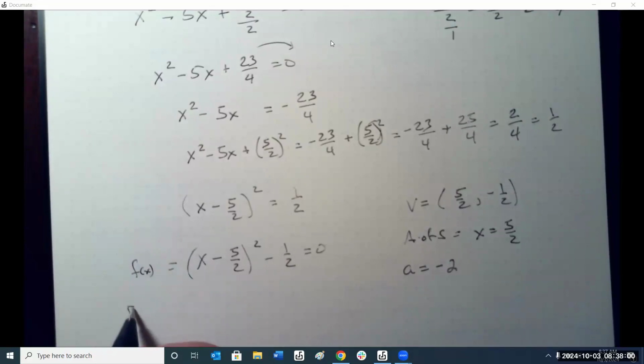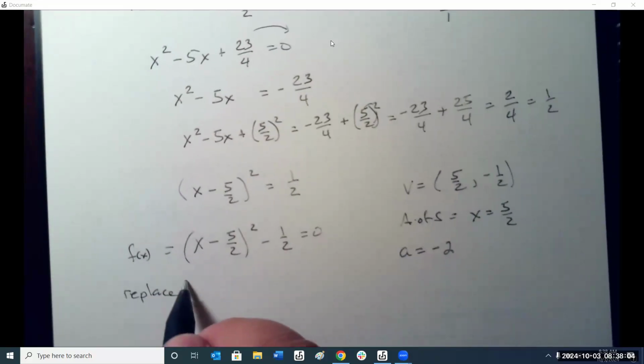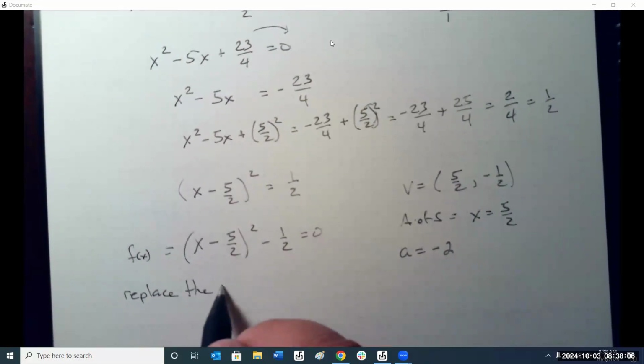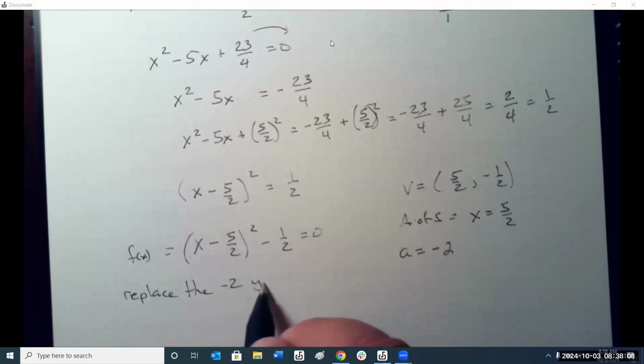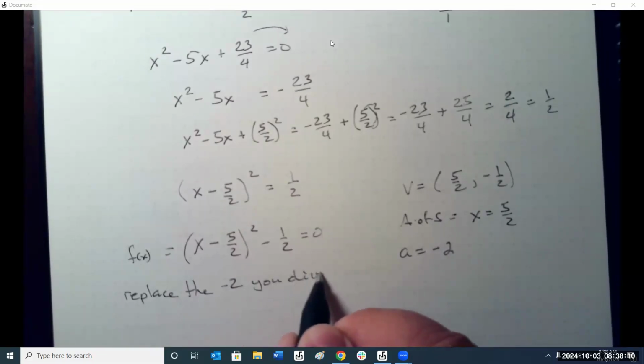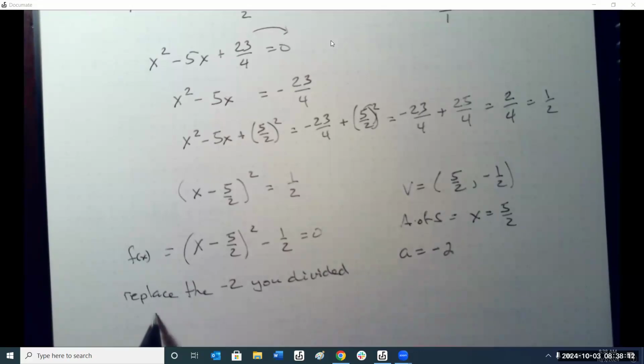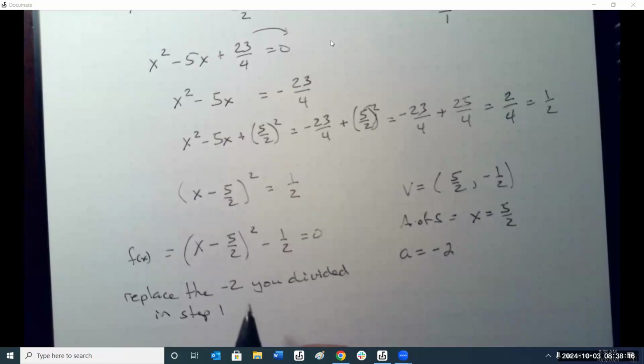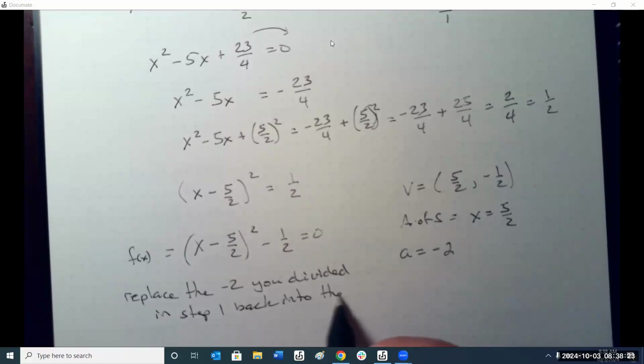So replace the -2 you divided in step 1 back into the equation.